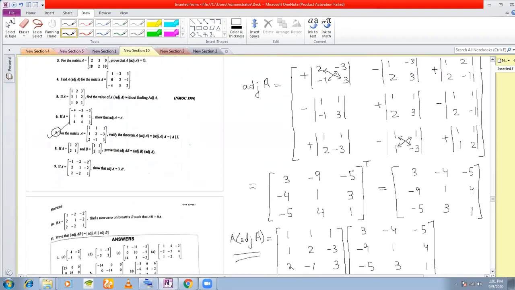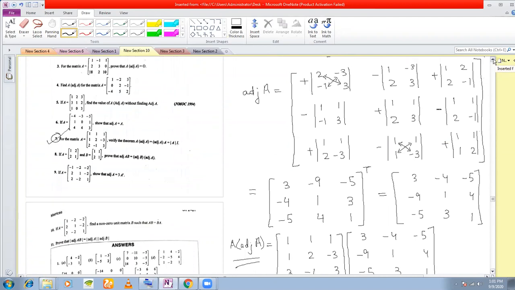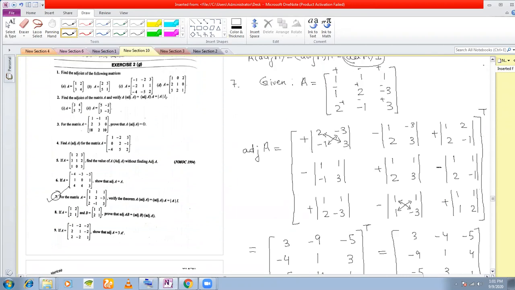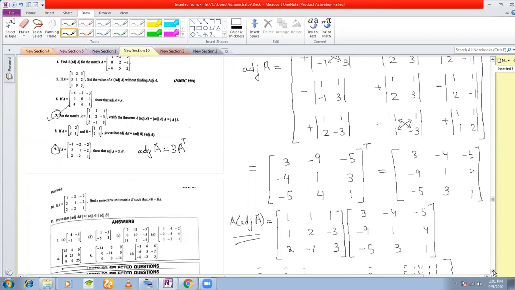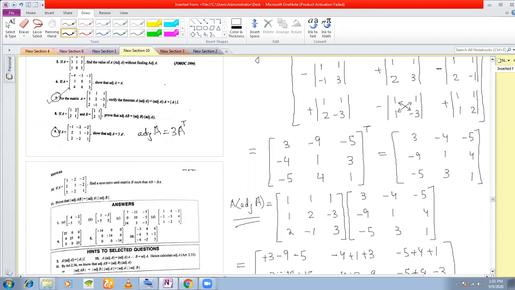Any other problem worth doing? All the others you can do on your own. But what I would like you to try is this one, number 9. Here it is said, show that adjoint of A is equal to thrice of A dash. A dash means A transpose; I told you transpose is also denoted by A dash.